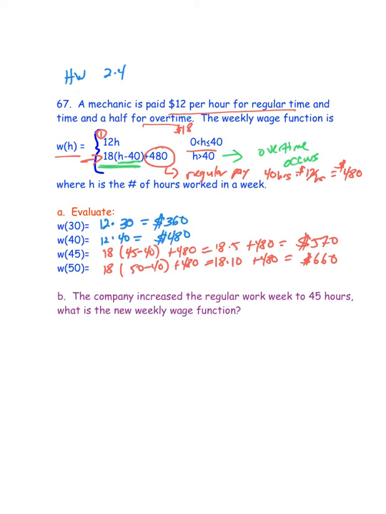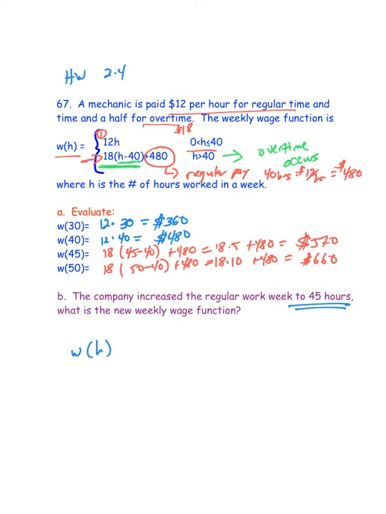For the second part, we need to modify the function such that the regular work week is now 45 hours instead of 40 hours, and overtime pay is still 1.5 rate, so they would get $18 per hour. So we want to figure out what our new W of H function is going to be.